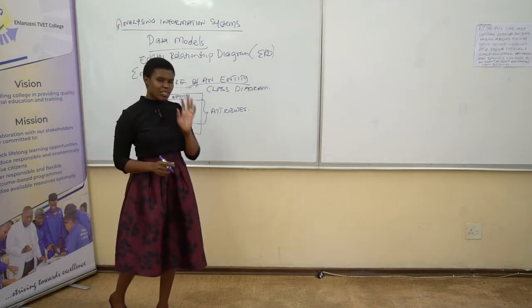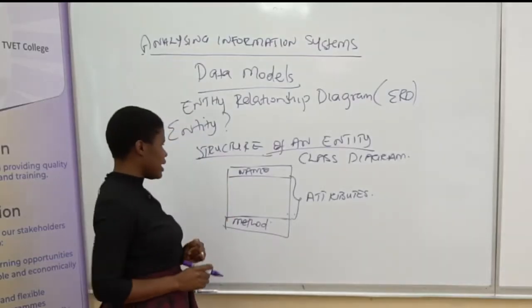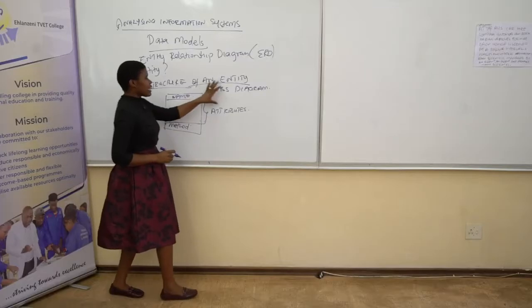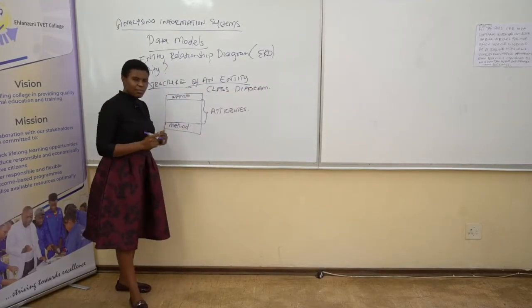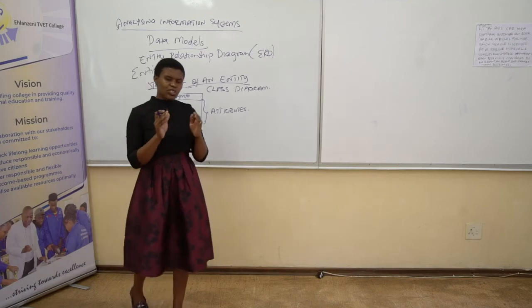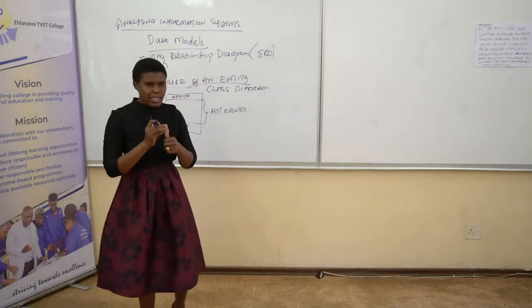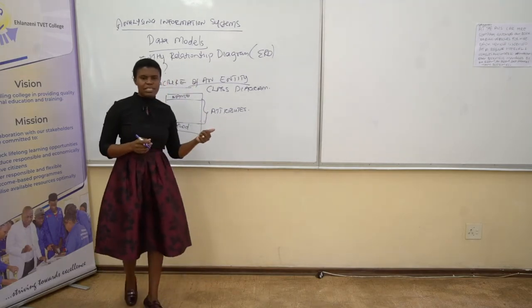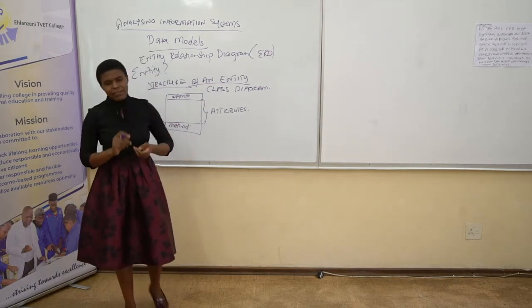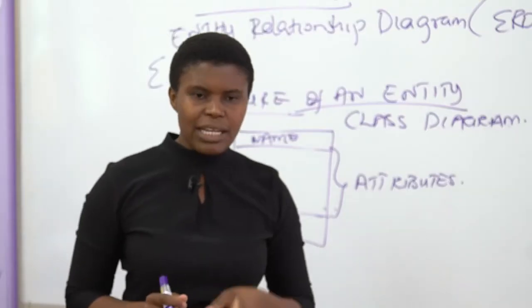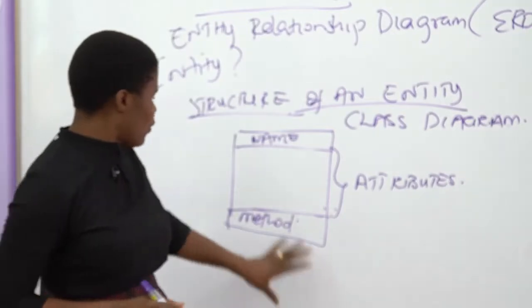So now the change which comes to level 4 in system analysis is that a class diagram does have a method or a function. For example, if we are going to take an entity which is car, a car has its name. If you are going to take an Audi, for example, a car has its characteristics. It must have wheels, it must have a color, it must have a model. Then you come to the functions or the method.